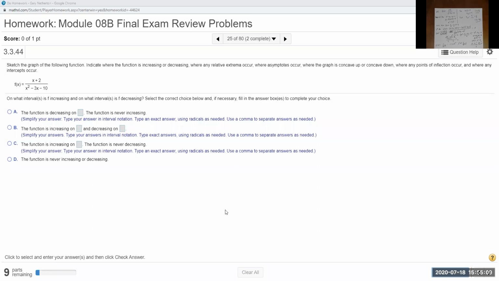Increasing, decreasing. So I'm going to say increasing. I think I actually have 3 regions of decreasing. From -8 to -2.